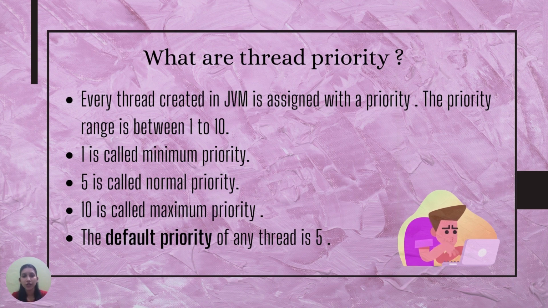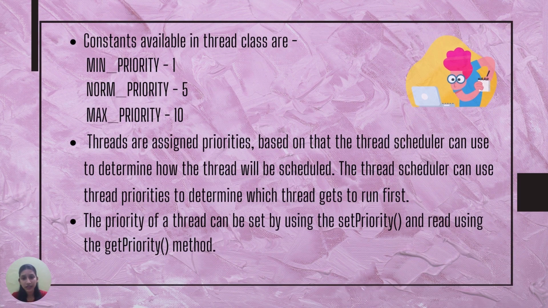The default priority of any thread is 5. The constants in the Thread class for the priority are MIN_PRIORITY for 1, NORM_PRIORITY for 5, and MAX_PRIORITY for 10.